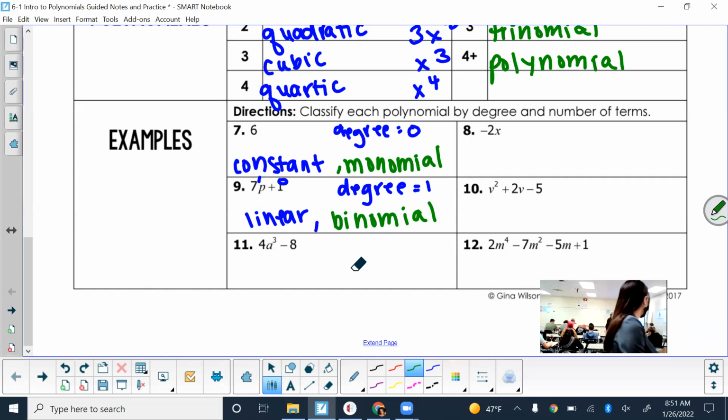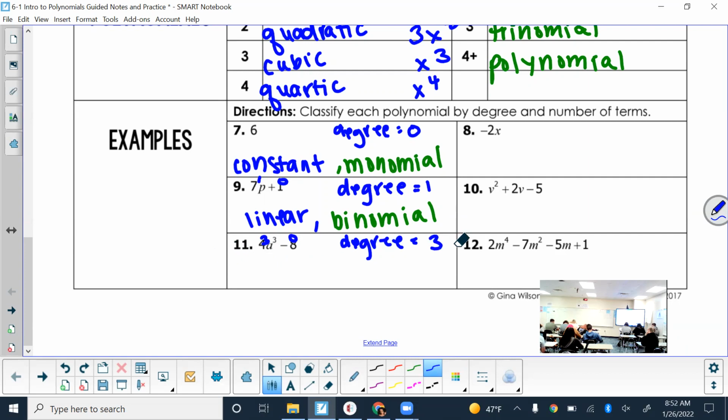All right, last one we'll do together, number 11. What's the degree of the polynomial overall? So what's the degree on this term? 3 is the degree on this term. What's the degree on the negative 8? 0. What's higher, 3 or 0?